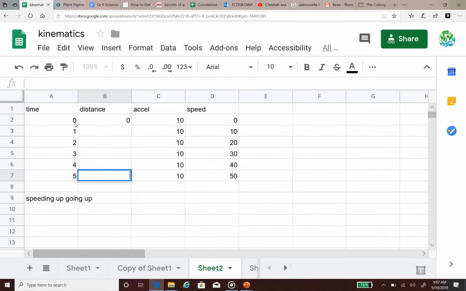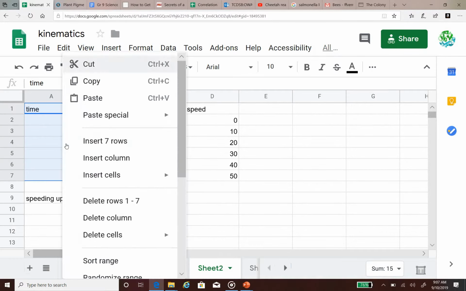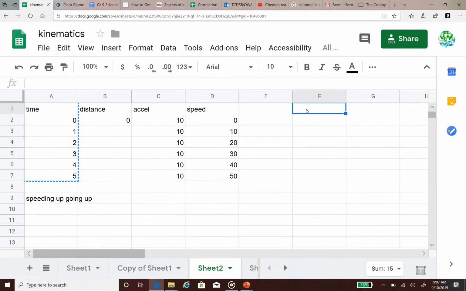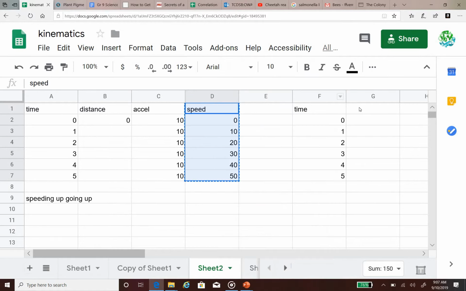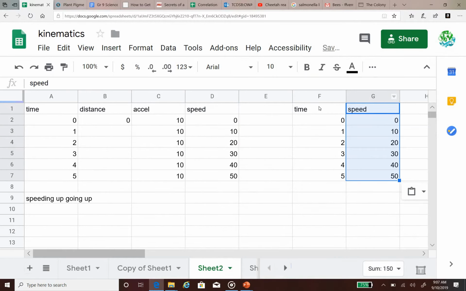It is, right? You can see that this object, in other words, if I copy this, I'm going to paste it over here, and I'm going to copy that and put this over here, and let's say now I want the distance time graph, but let's say I graph the speed time graph, okay?